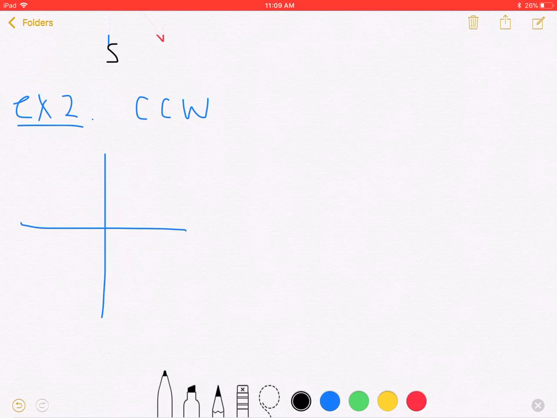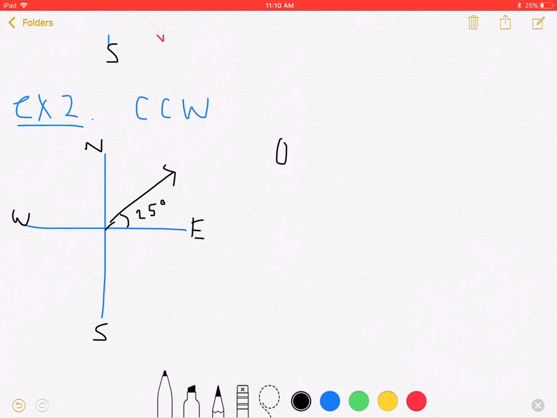On our XY axis, let's say in the first quadrant, we have a vector that is 25 degrees from straight east. To measure theta, the direction of our vector, using counterclockwise, we're given that angle already. Theta is 25 degrees counterclockwise.